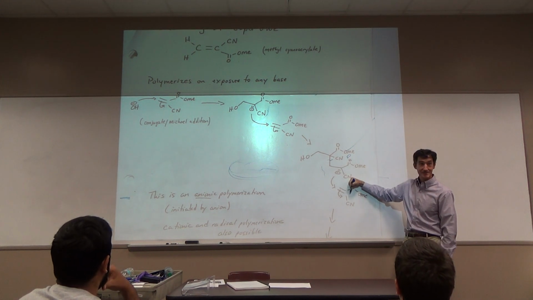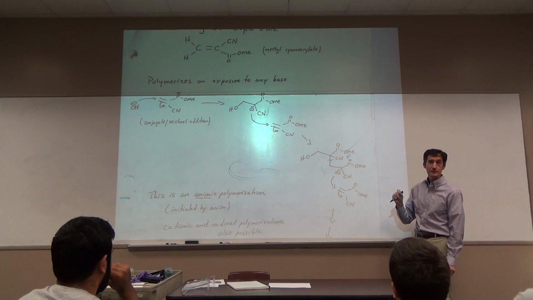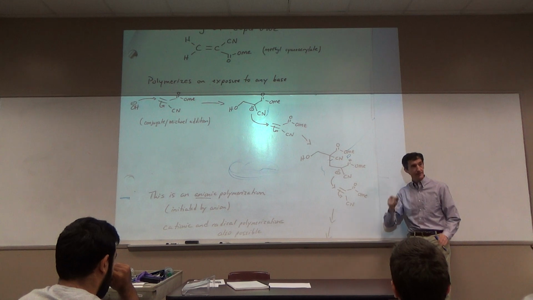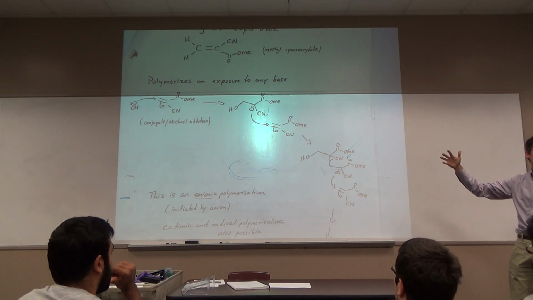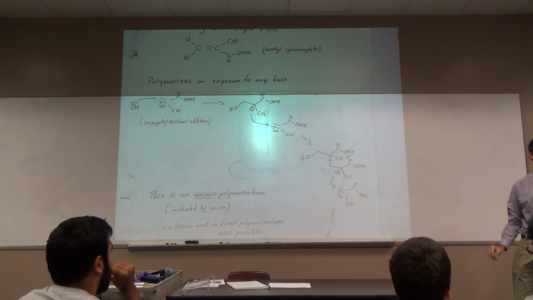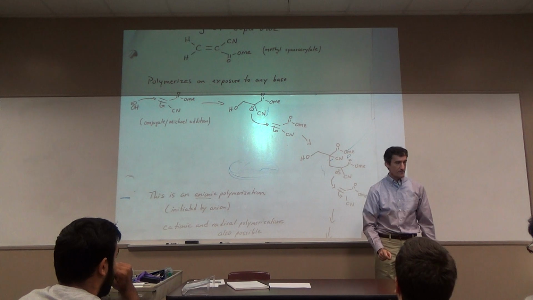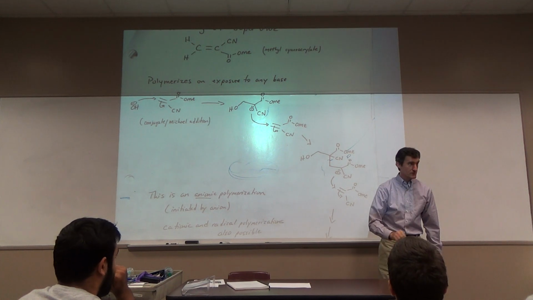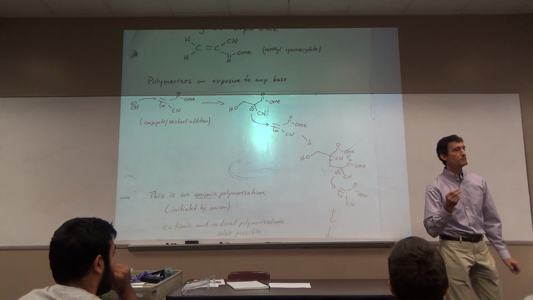It can add again. You just keep on adding and adding, and boom. Of course, in real life, this happens a billion times. And once you get this huge polymer, it's now a solid. Where did the catalyst come from? Good. Where does the catalyst come from? Right there. If I put super glue right there, what's it going to do? It's going to do its thing. There's traces of base everywhere.